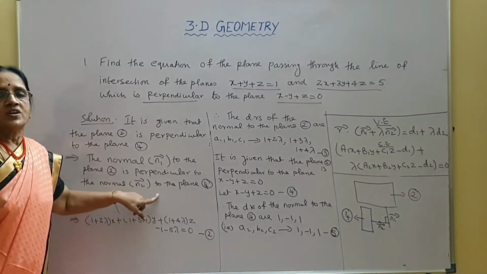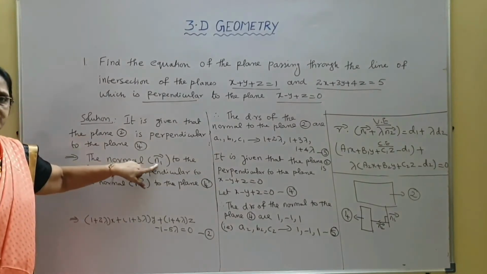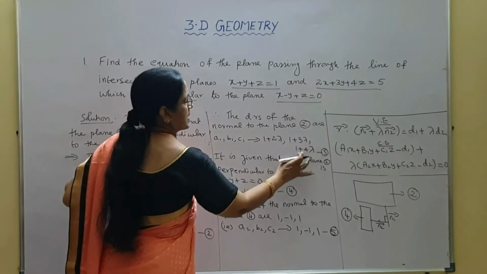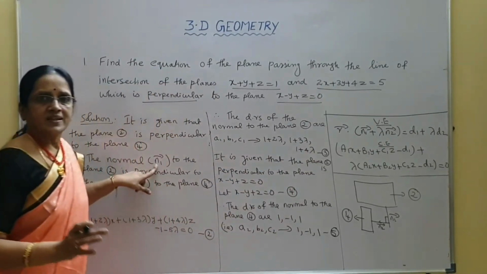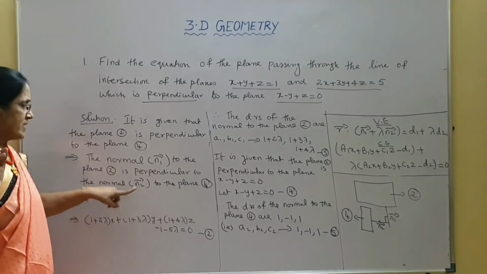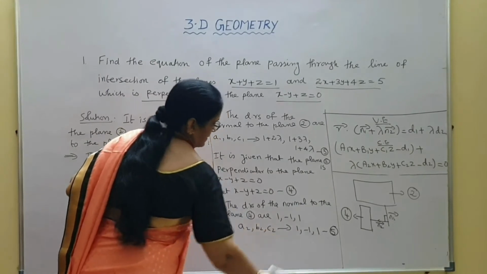We know the direction ratios of the vector n1, nothing but 1 plus 2 lambda, 1 plus 3 lambda, 1 plus 4 lambda. Same way, the direction ratios of the normal vector n2, nothing but 1, minus 1, 1.